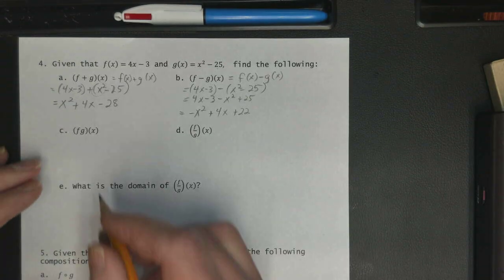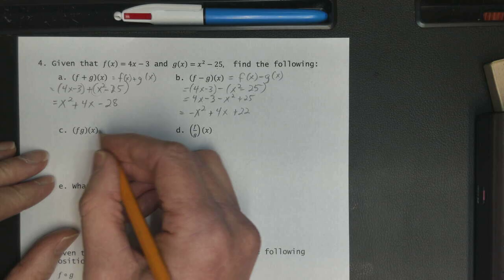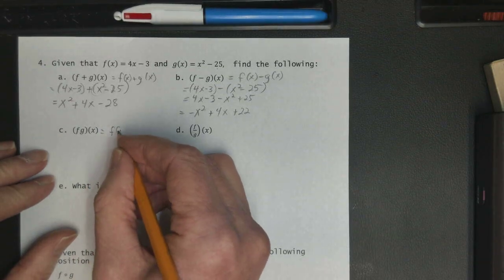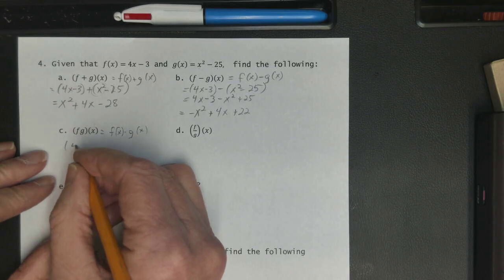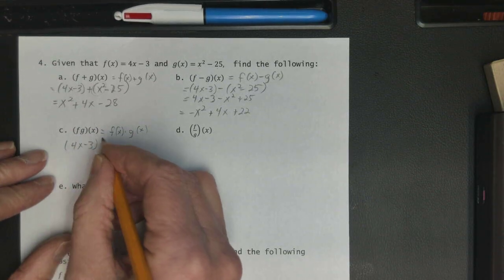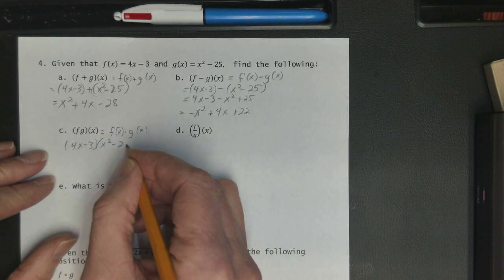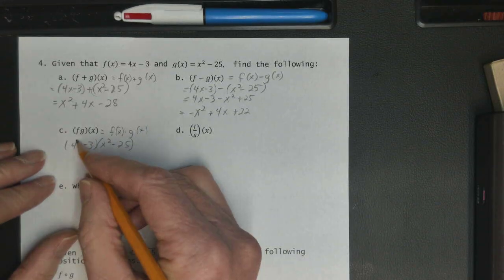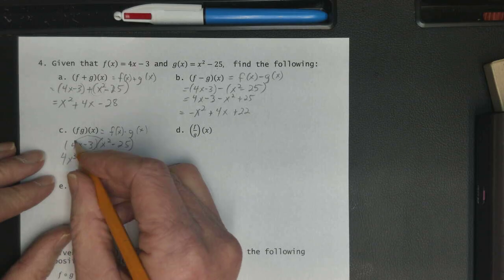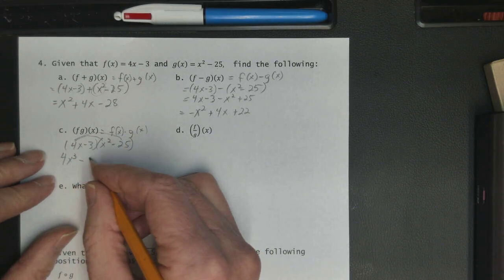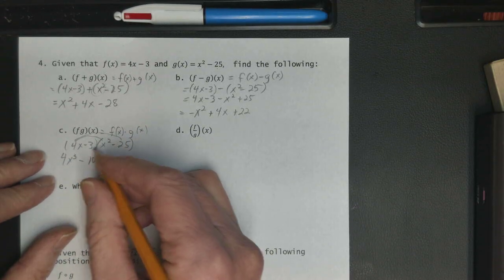F times g of x is f of x times g of x, which is going to be 4x minus 3 times x squared minus 25. First, 4x cubed. Outside, minus 100x.